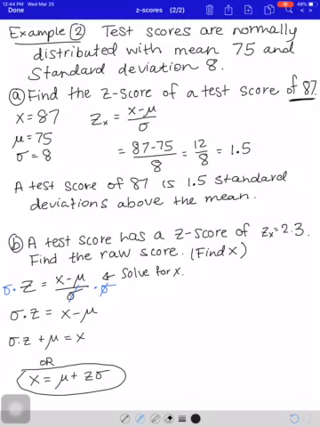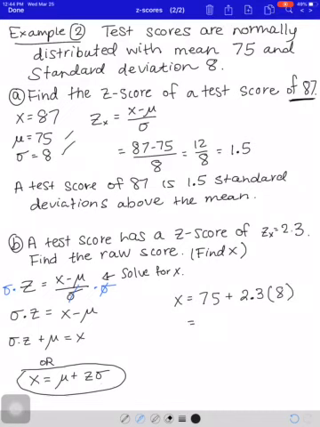Now let's apply this to answer part B. We want to find the raw score, or the x value, when our z-score is equal to 2.3. If we use our formula, what is mu again? Mu is, up here, 75, plus our z-score of 2.3 times the standard deviation, which again is 8.